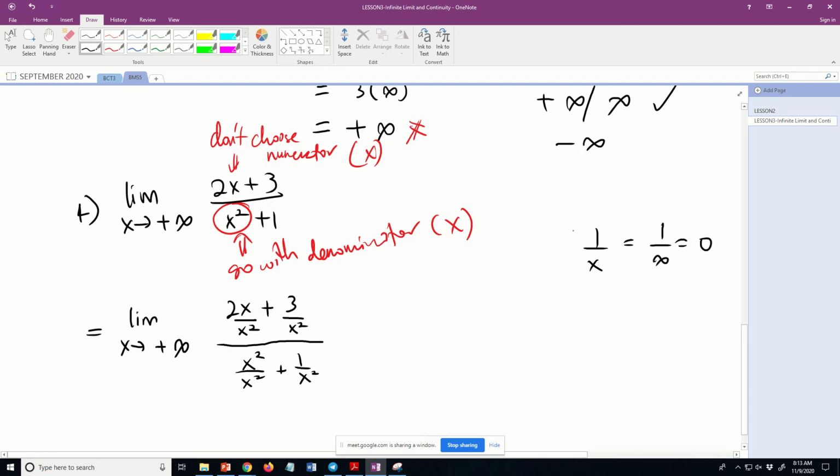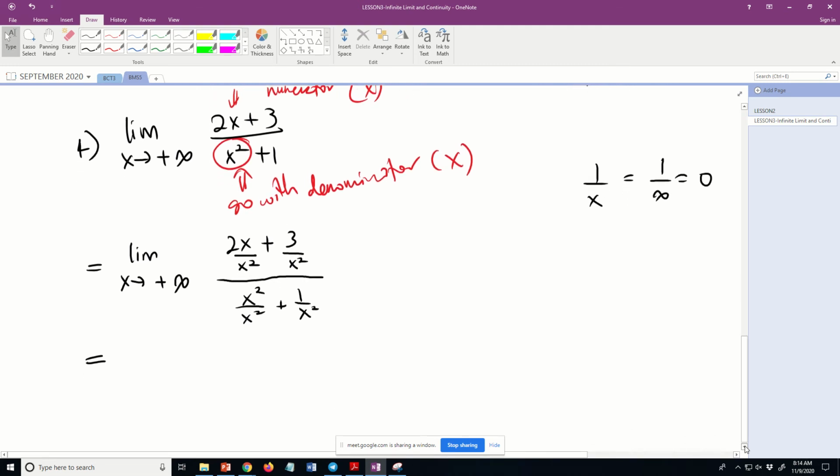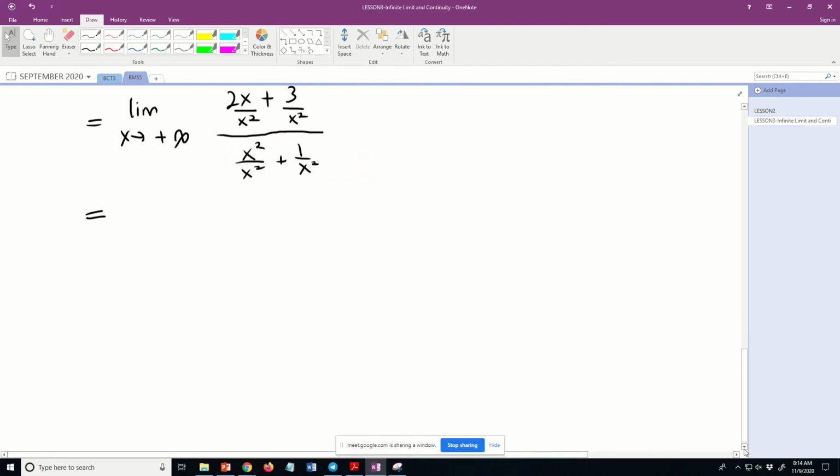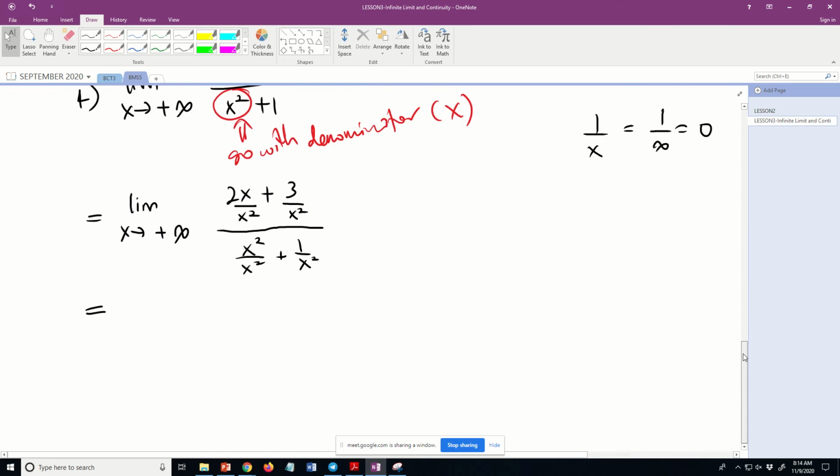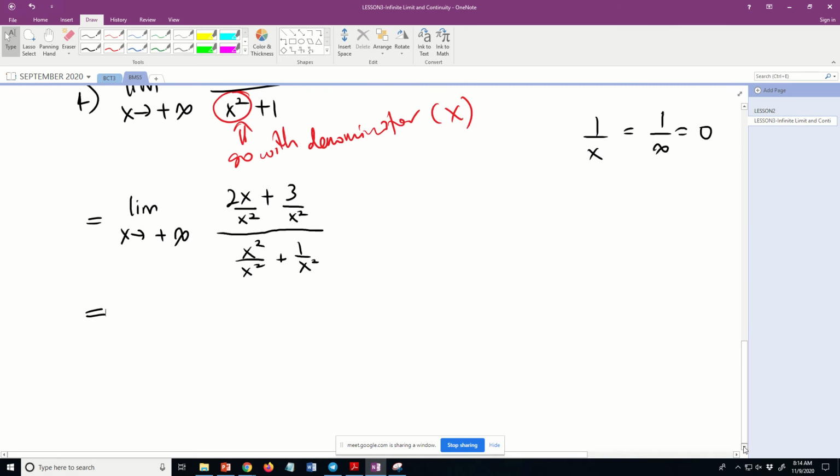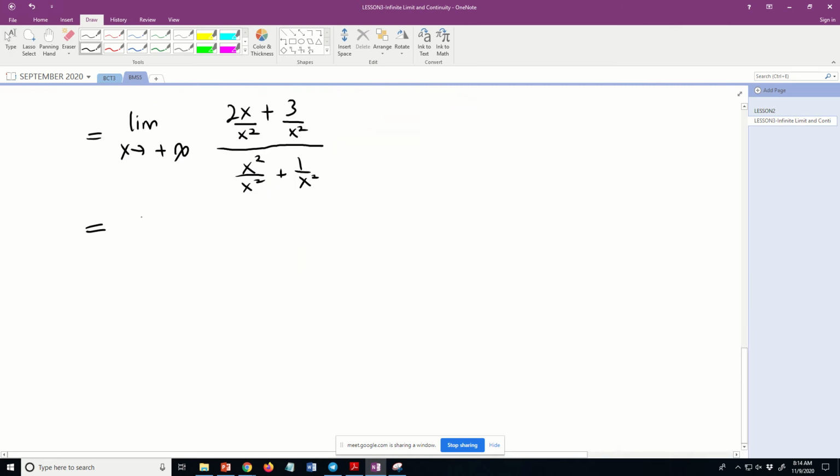I'm going to divide everything with x square. So what am I going to get here? Equal limit x approaches positive infinity.